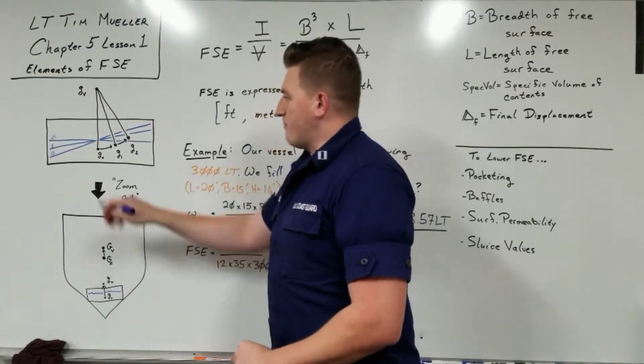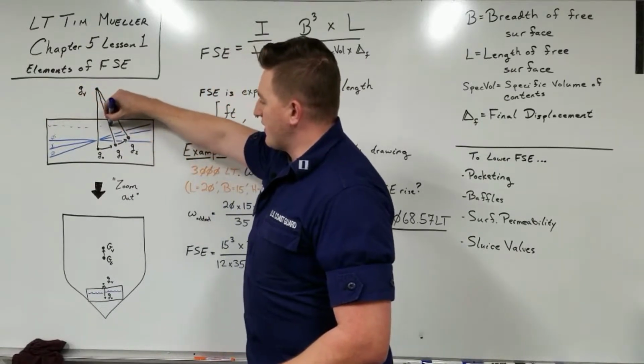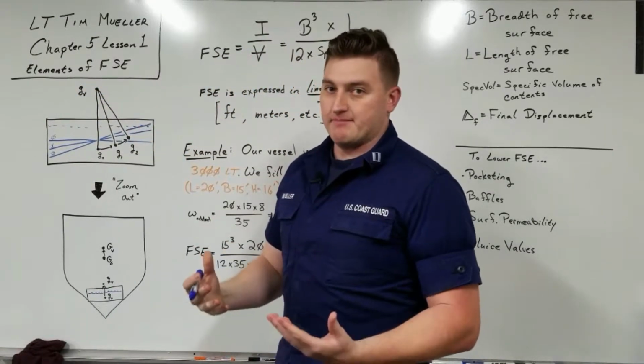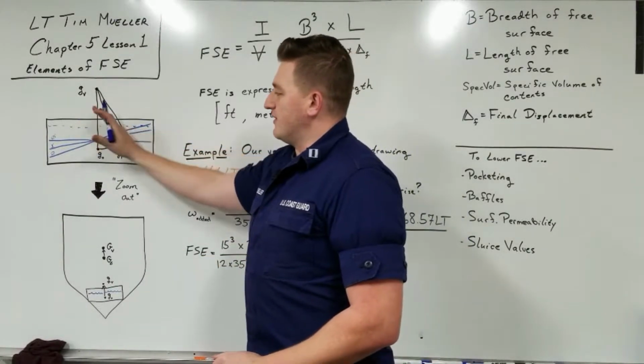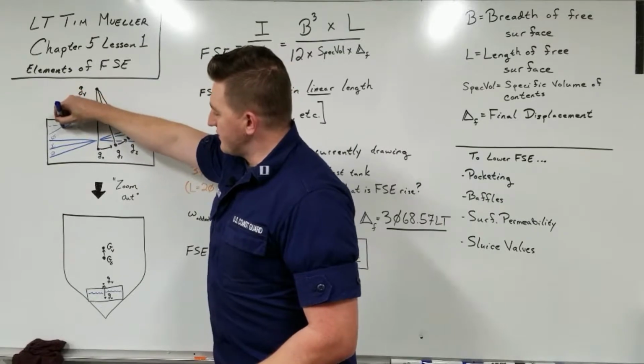So let's say we're pocketing this tank, and we have it filled all the way to right around here. We're going to be doing deep pocketing. Then if we tilt the ship over, the waterline might rest somewhere like that.